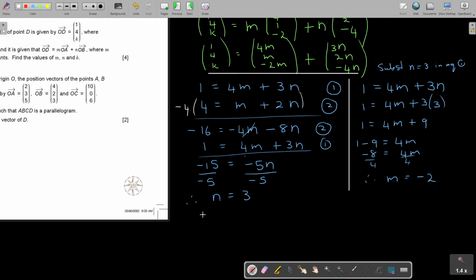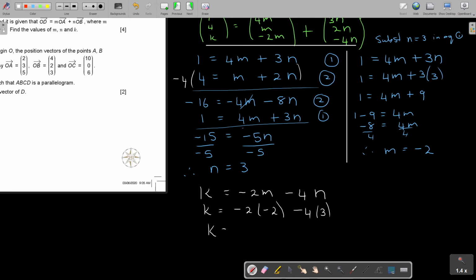So I'm going to say k is equal to negative 2m minus 4n. Now I have m and n. So I'm just going to substitute: in the place of m, I put negative 2. In the place of n, I put 3.